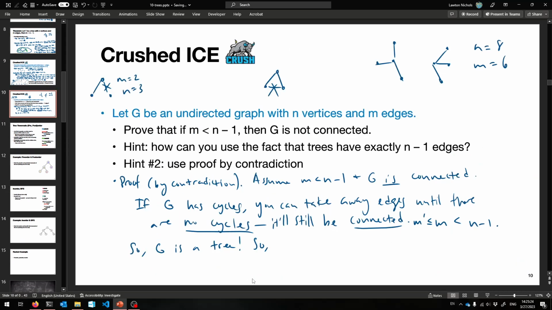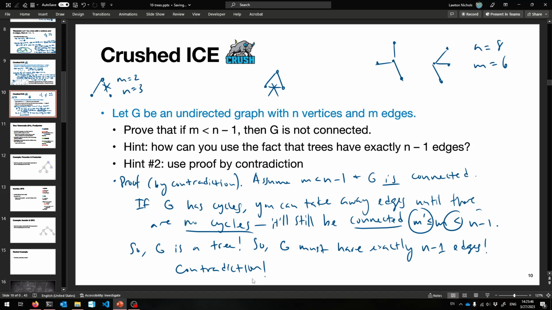So G must have exactly n minus 1 edges. And that's a contradiction. Because we are assuming, well, however many it has after we chopped off any cycles, it has strictly less than n minus 1 edges. It's supposed to have exactly n minus 1 edges. And those two facts are contradicting each other.